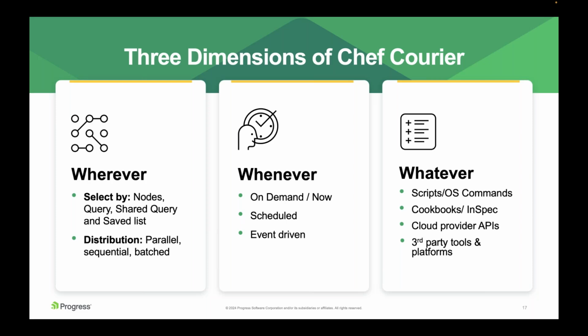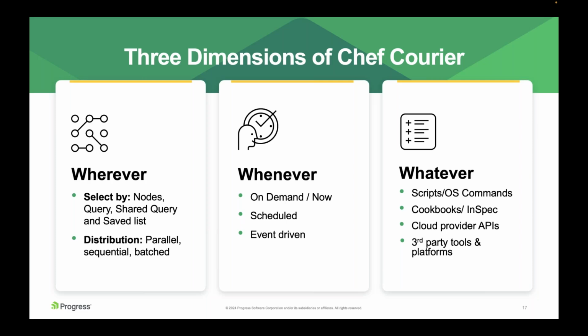For example, if there is a new vulnerability discovered that affects certain versions of Java, with the wherever dimension, what you can do is isolate the nodes that run that version of Java alone. And then when you have the patch ready, you roll these patches out to these nodes based on your requirement.